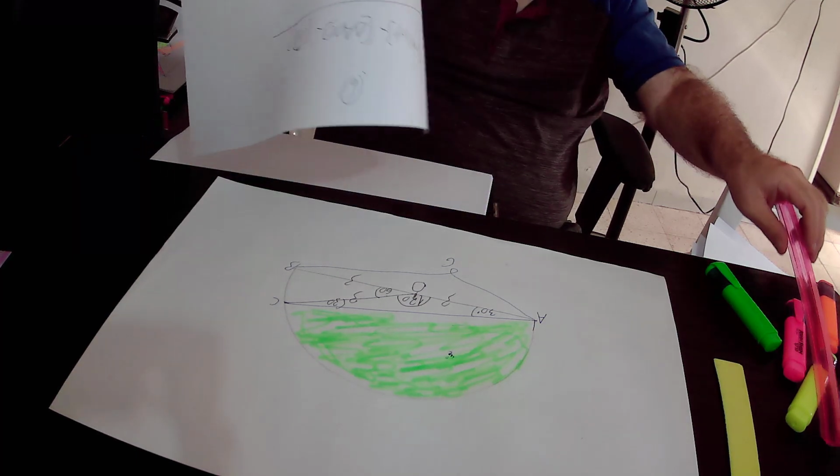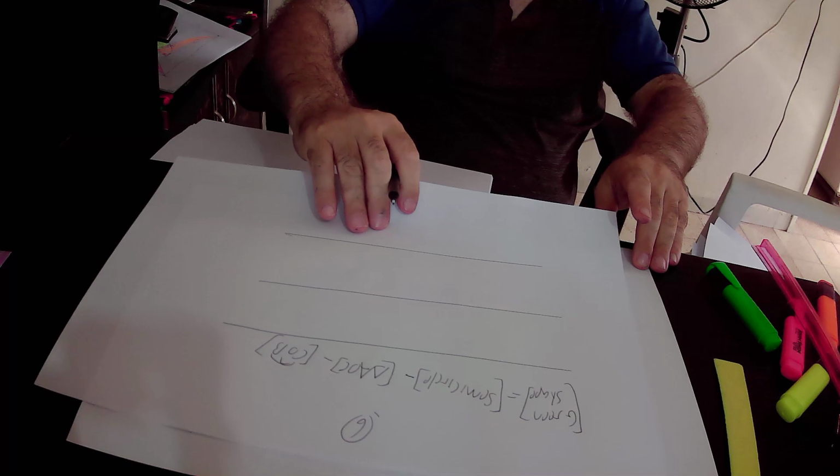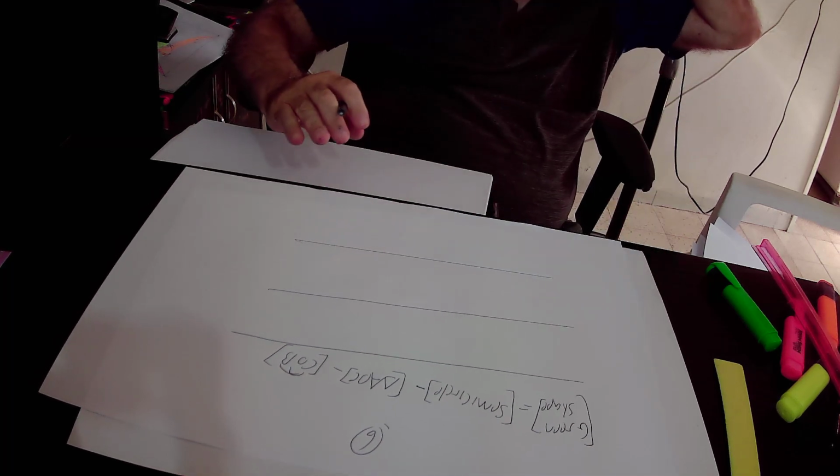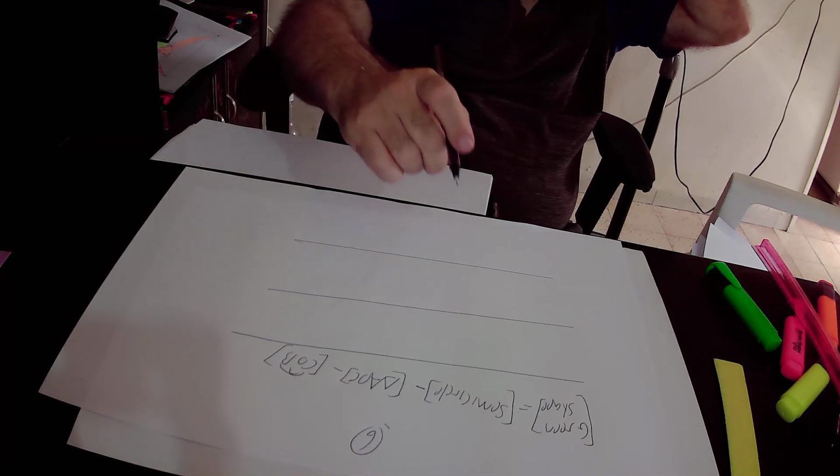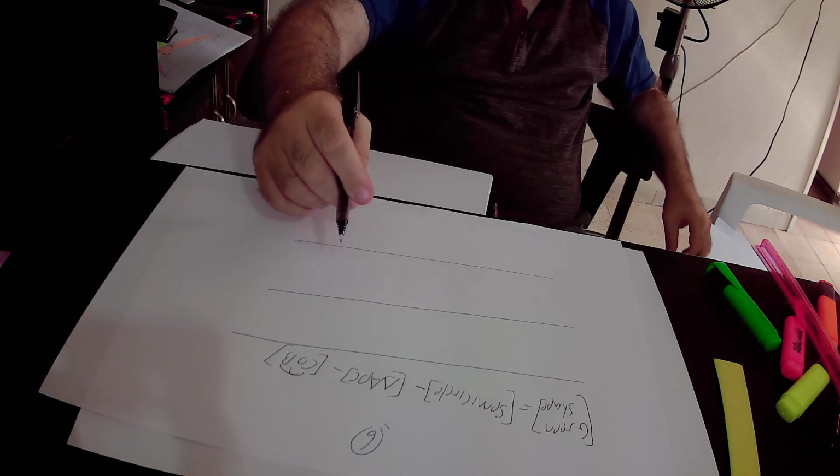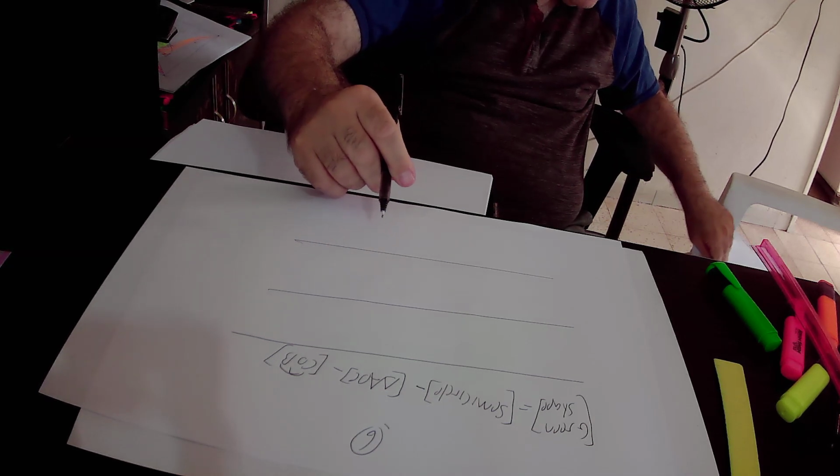Repeating the formula for the area of the green shape according to the second method: it is equal to the area of the semicircle minus the area of triangle AOC minus the area of sector COB.